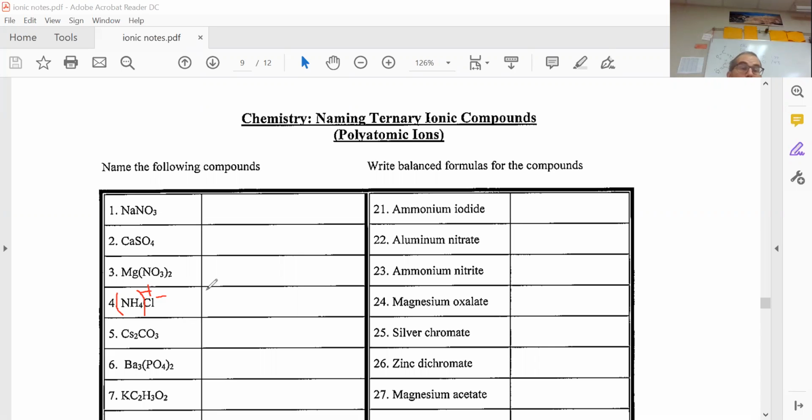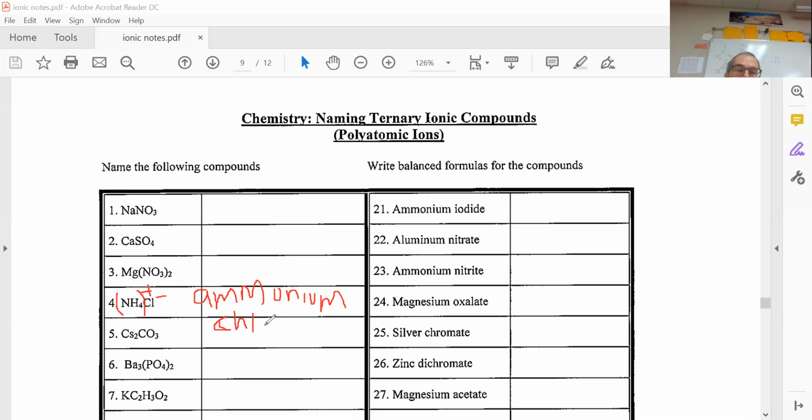But what do we name it? We just looked at the name we picked up before, and we said it was ammonium. Bear with me on this, it's a lot of M's to write. Ammonium. And then the last name would be chloride. Notice the last name is just a single element, so it gets the ide ending.